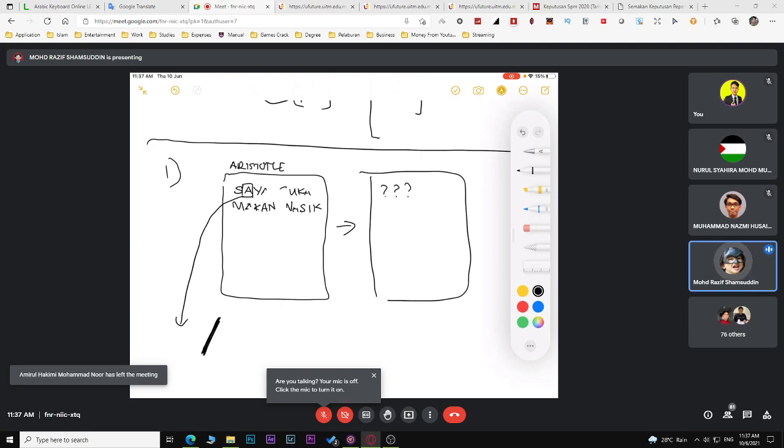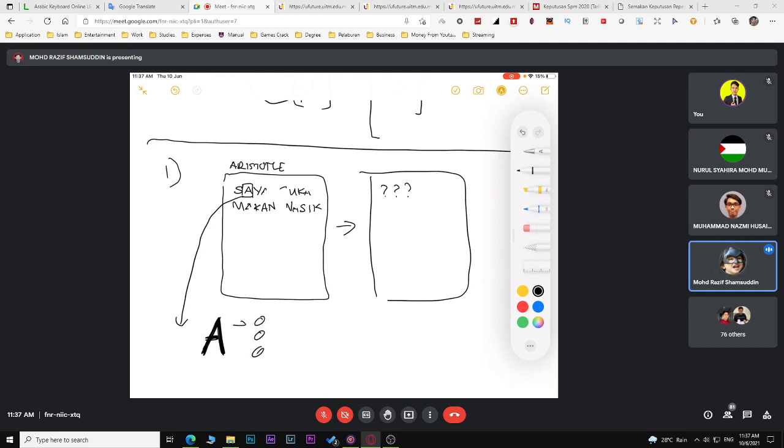So A ni kan, kita train lah kita punya Hopfield network. So masuk dalam Hopfield network, dia akan menghasilkan A yang sama. Okay, nampak tak saya tulis ni?